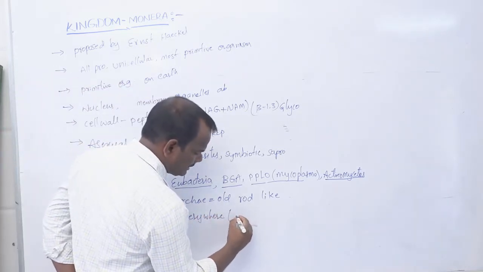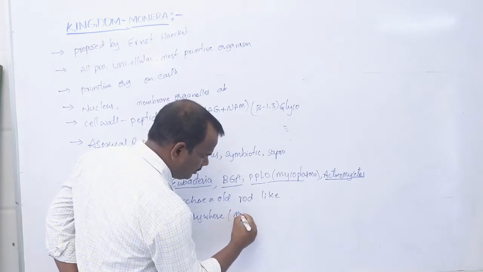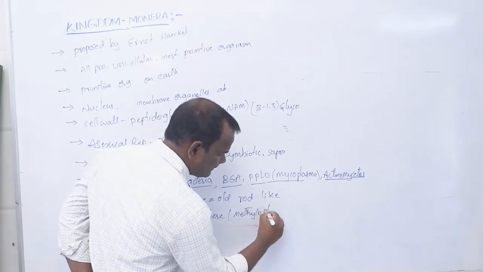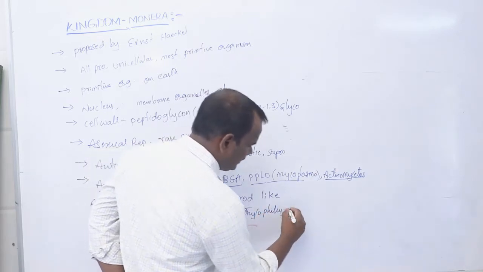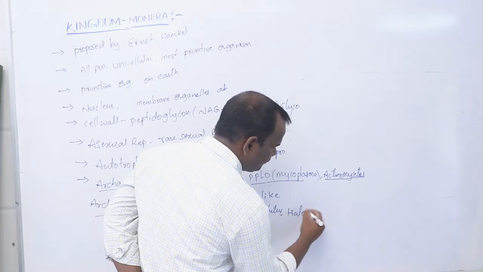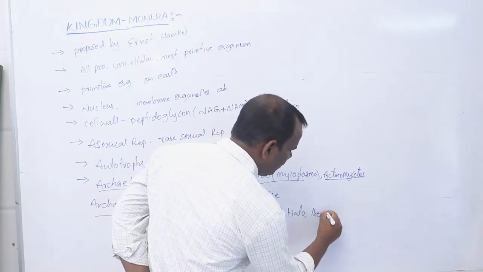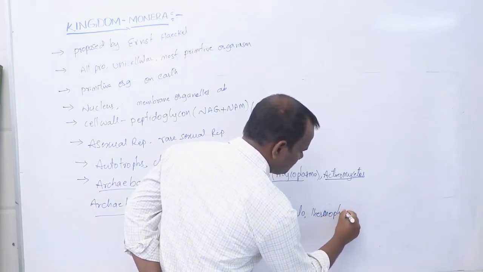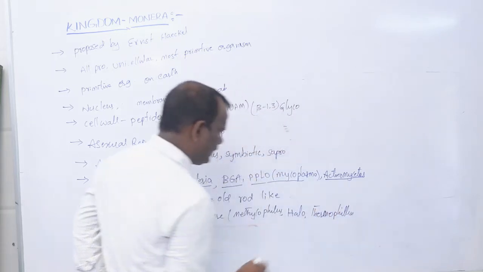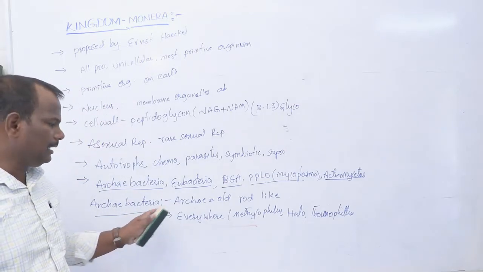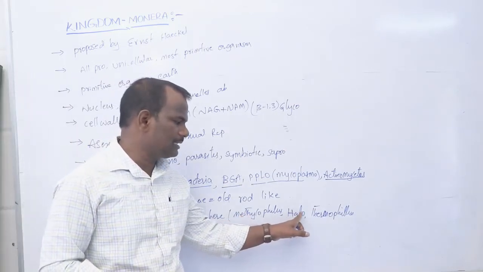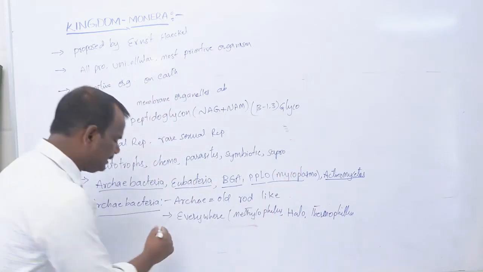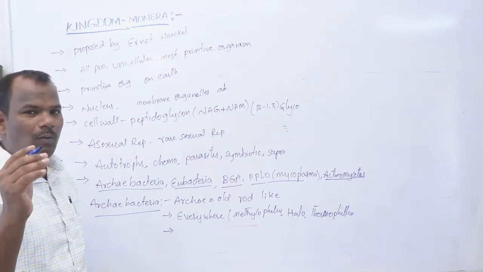What are the types of archaebacteria? Methanophiles, halophiles, and thermophiles.